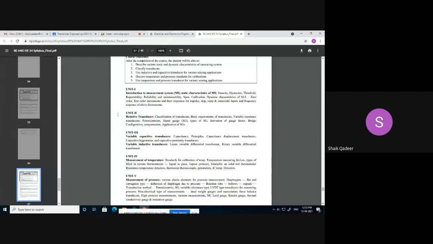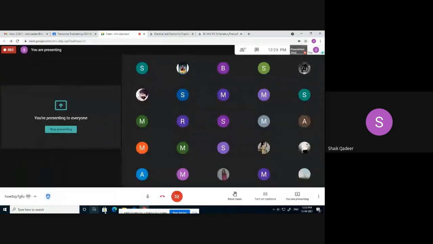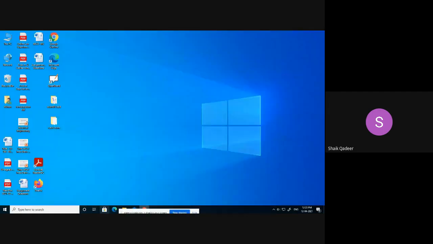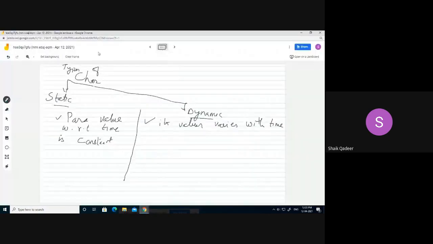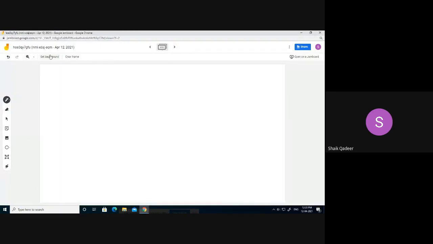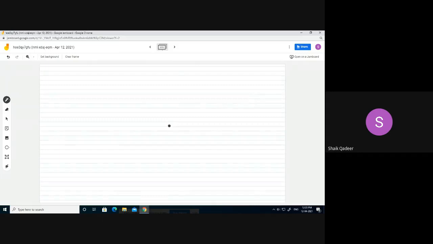So let me make this more clear with the help of the whiteboard. Hope you understand the difference between static and dynamic characteristics.